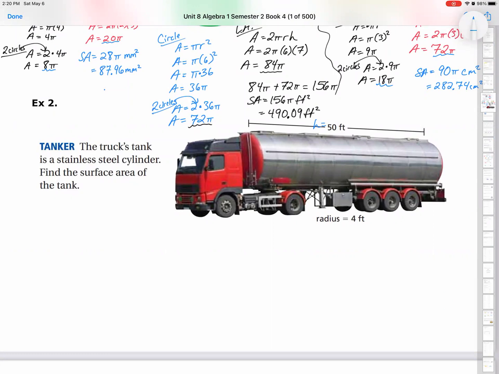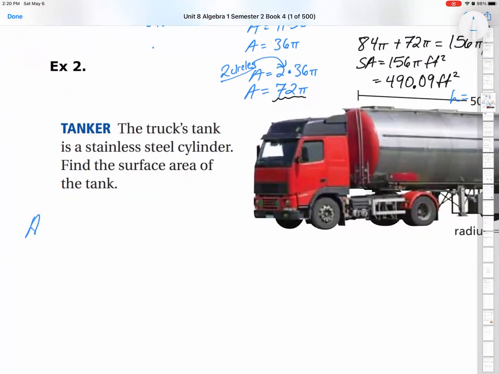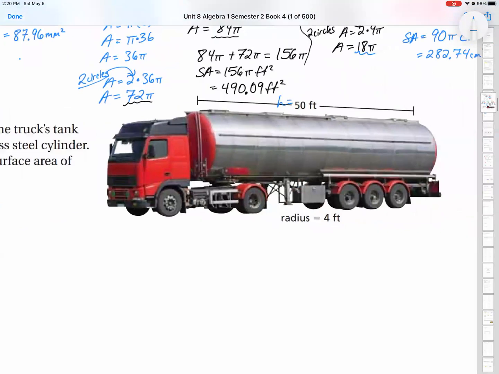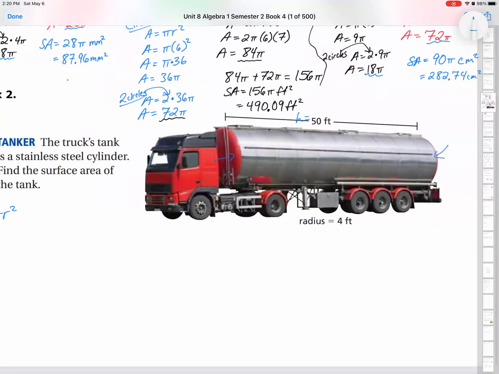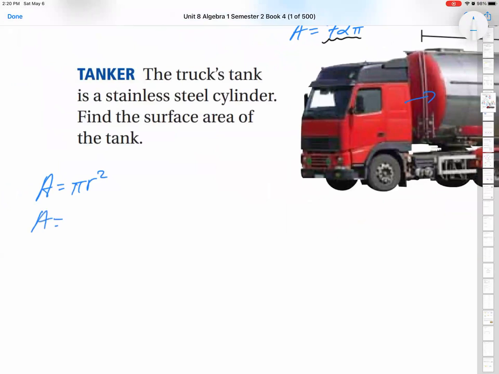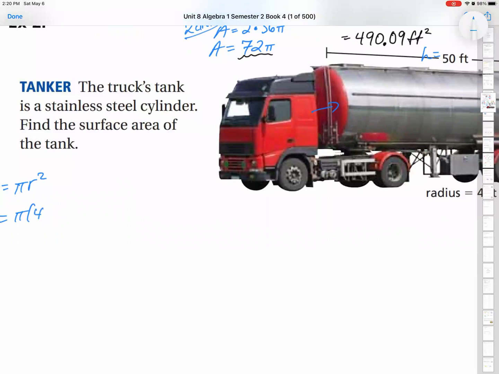All right, now that we've had the opportunity to try it, let's see if we can get the same value. So our area for our circle is pi r squared. And the reason why is we have two circles, one on both sides. And so for our area, we have pi times our radius here is 4 squared.